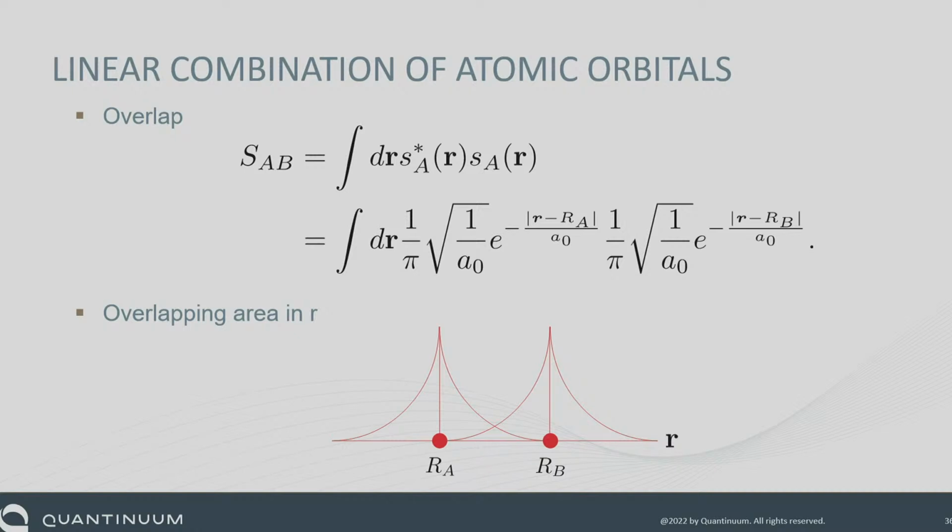But anyway, you get this physical overlap picture where you have exponentially decaying functions with the nuclear cusps. And you can see that the overlap will increase with how much they physically overlap.